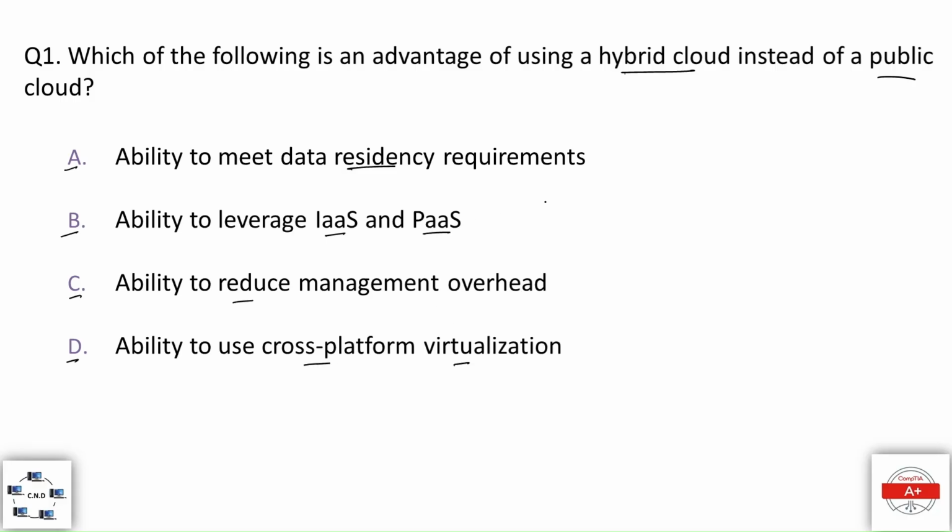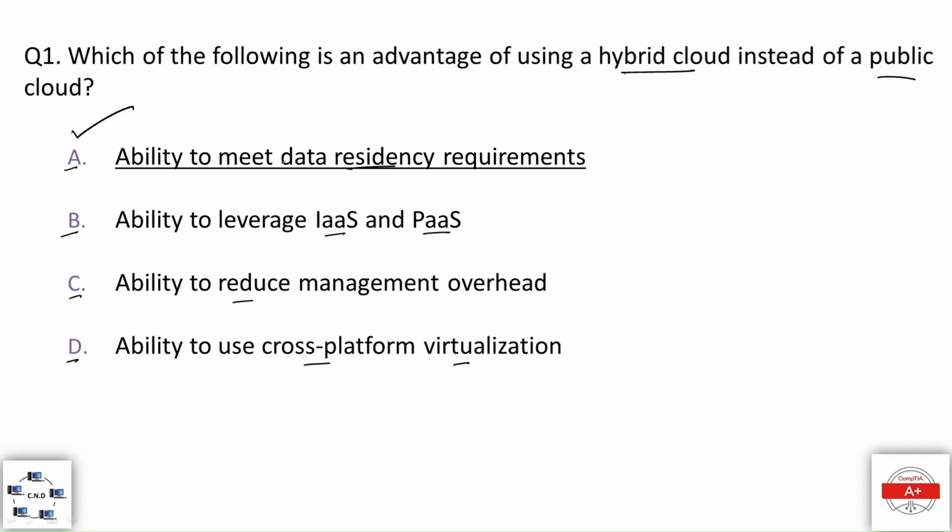So the correct option is... I will display the correct option after this countdown. And the correct option is option A, ability to meet data residency requirements.